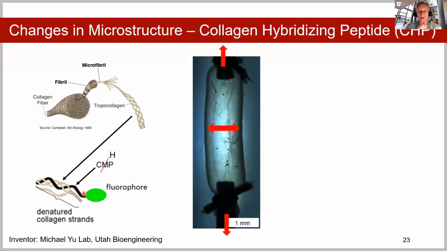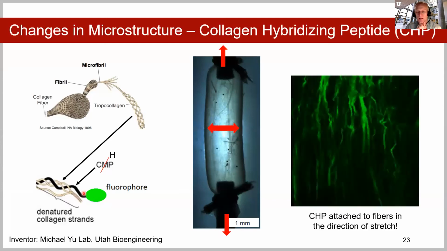So he did an overstretch experiment and then incubated the vessel wall with this collagen hybridizing peptide. Okay. And sure enough, showed that indeed the collagen fibers of the vessel wall are damaged as a result of this overstretch. And using this molecule, we can identify where that damage occurs.